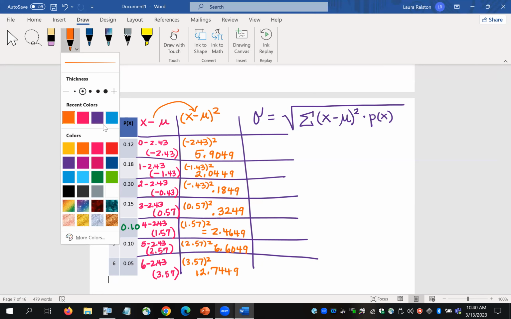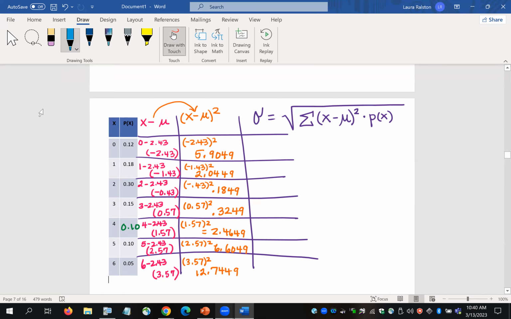Once you have it squared, the third step is to take that answer and multiply it times the probability. Okay, so I'm going to take 5.9049 times 0.12.